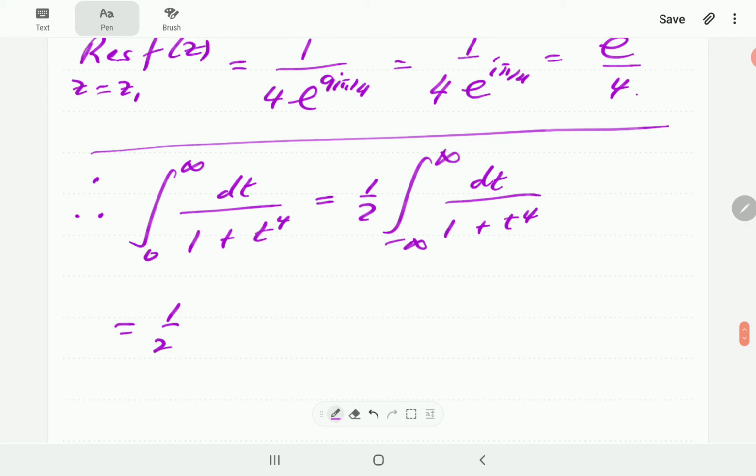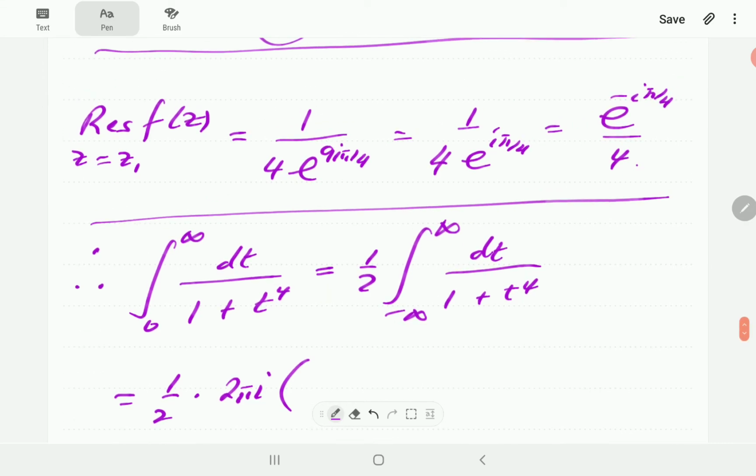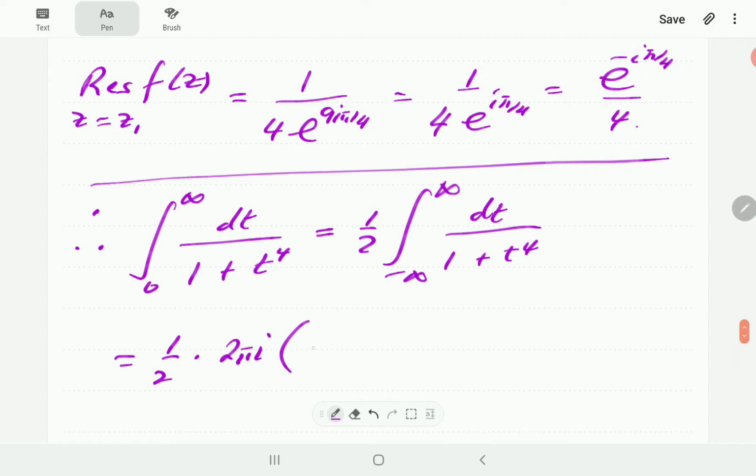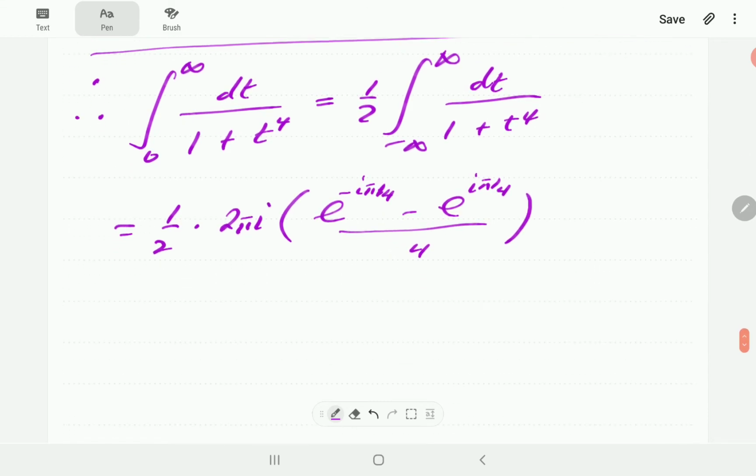So this is going to be half into 2 pi I. Then we simply add up the residues. So it's going to be e to the minus I pi on 4, take away e to the I pi on 4, all divided by 4.